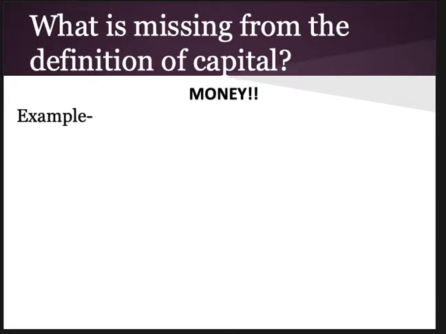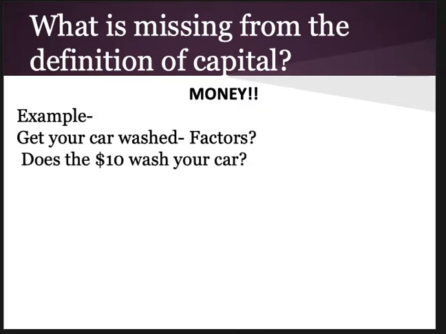The reason why is, when it comes to the factors of production, let's use the car wash as an example. Does the $10 wash your car? Think about the land. The land is where the car wash sits. Nothing else has been changed to the land, it's just we have a building on top of it.